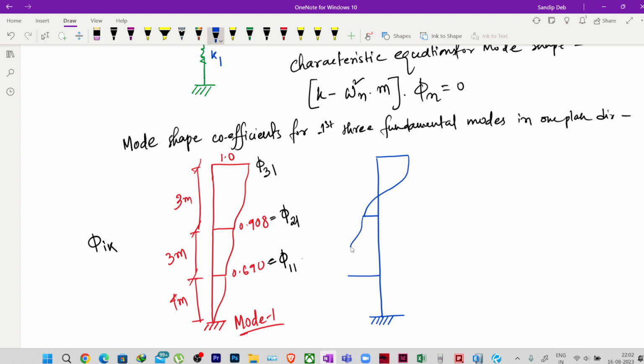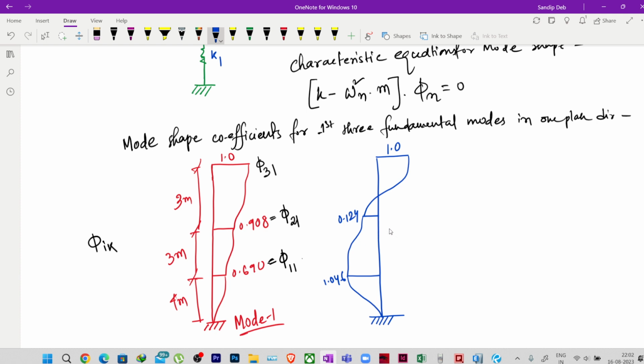Here also it will be 1.0, then 0.124, then 1.046. Remember these values.